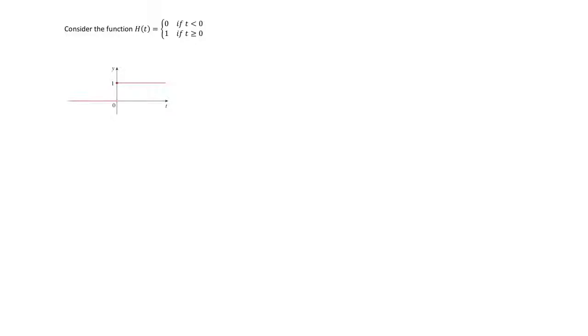So immediately we can talk about the one-sided limits and the double-sided limit. Imagine that what we want to investigate is the limit as t approaches 0 of our function h of t. What is that limit equal to? And this is the double-sided limit.